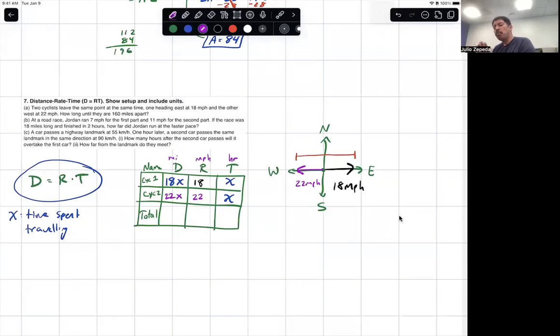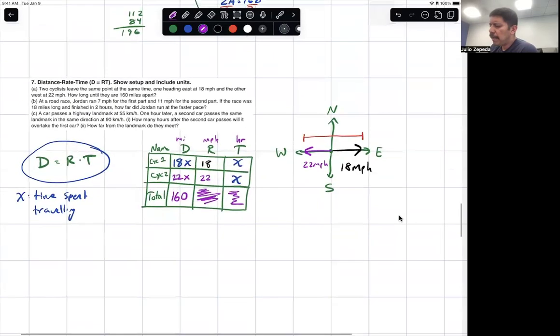And we want to know when they will be 160 miles apart. So we want to know when the total distance between them, or the sum of their two distances, is 160 miles. I'll put 160 right there. Many times, oops, I shouldn't put an X there. This block isn't used here. Sometimes the total time is used. In this case, it's not. So we'll just scratch that out.